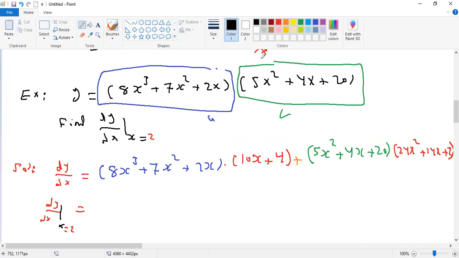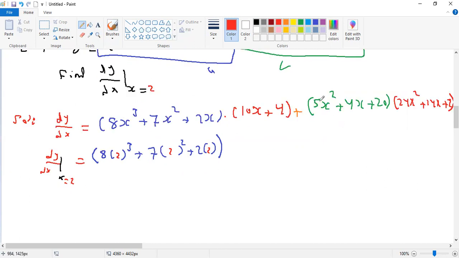Now the first one: 8 times x cubed plus 7 times x squared plus 2 times x. What is the x? We say the x is 2. Now I can write the answer of this one. 2 cubed is 8, and 8 by 8 is 64, right?